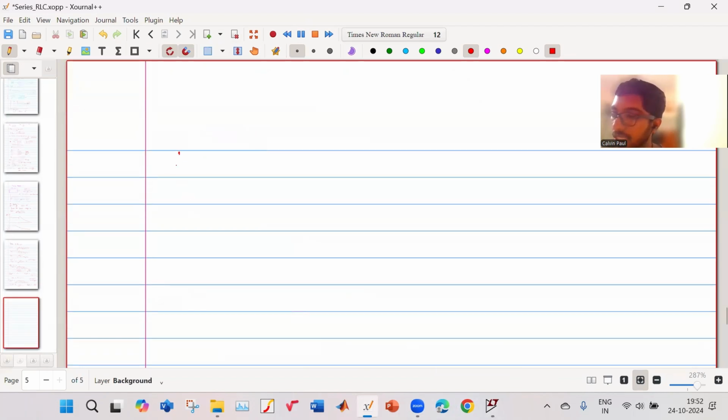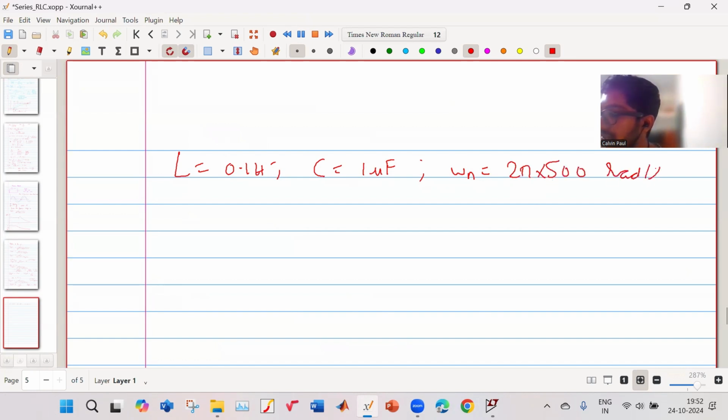In this case, my L is 0.1 Henry, my C is 1 microfarad, and my natural frequency omega n is 2 pi into 500 radians per second. My R is 190 ohm, my damping is around 0.3. This is what we know.